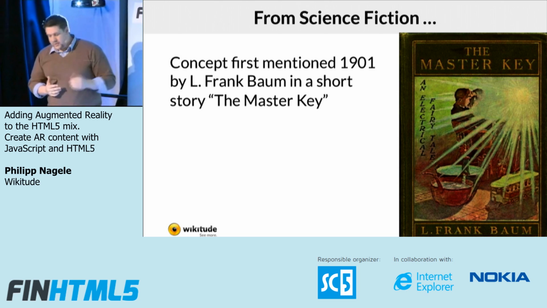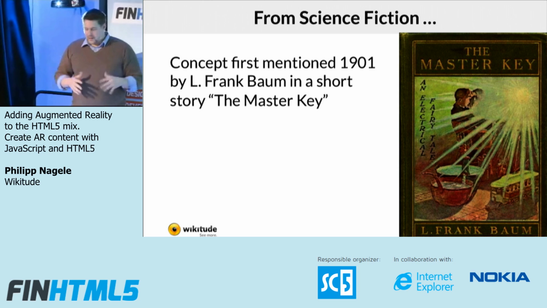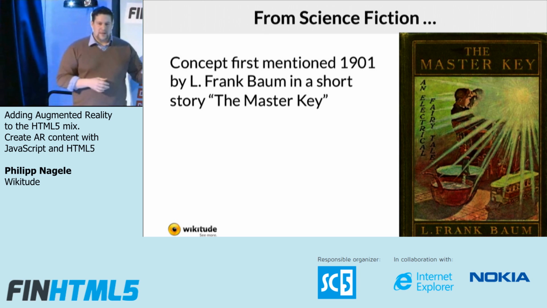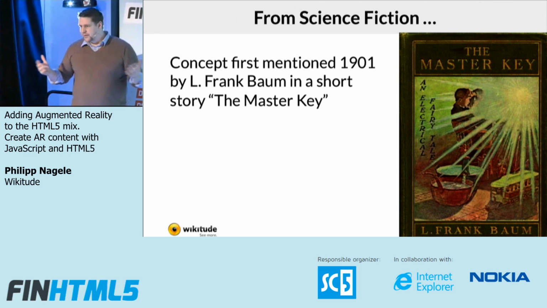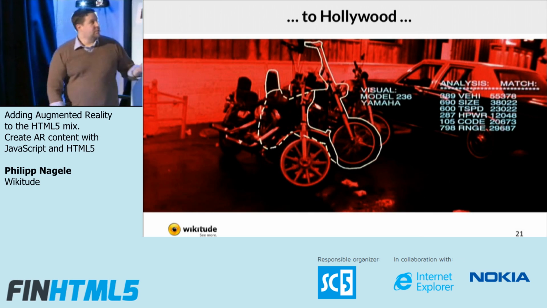He called it an electrical fairy tale. People back at that time were very into electricity and what that could do. But the idea of augmented reality and enabling something around you goes back 120 years. And as so often, that moves on.